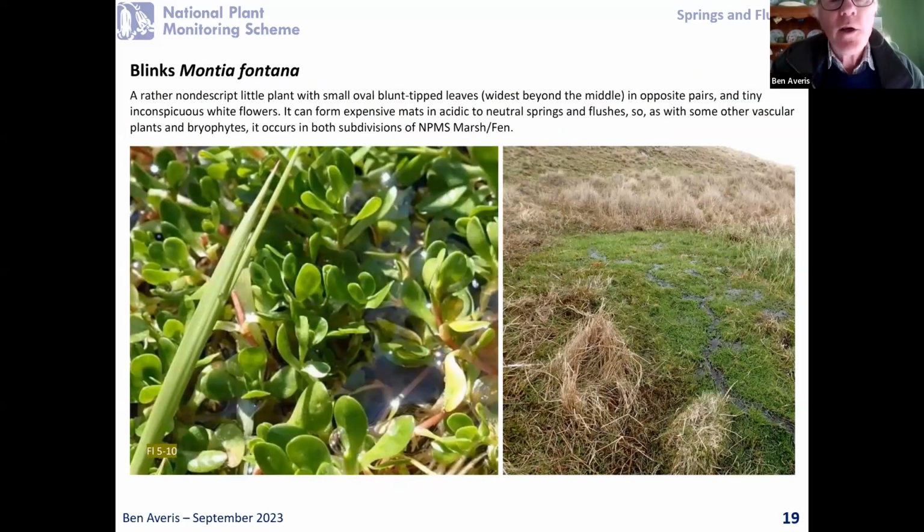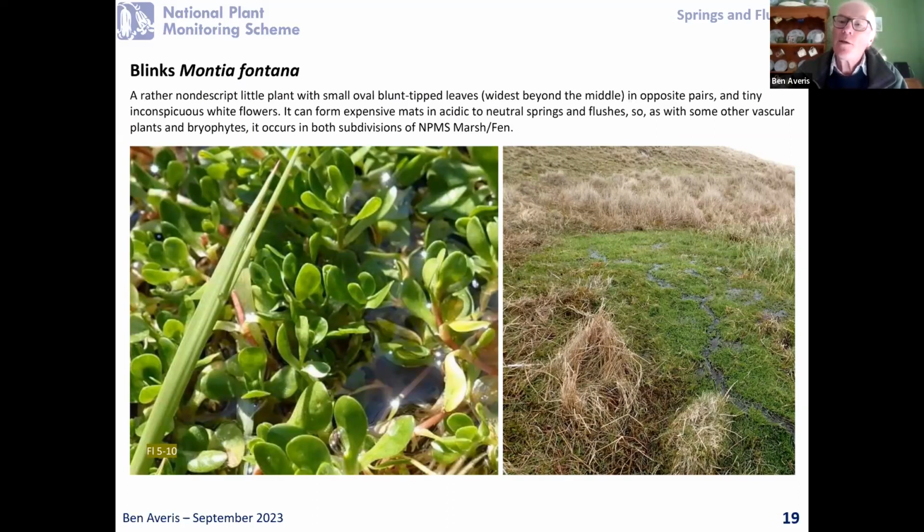And Montia fontana, blinks, a little tiny thing that's really common. It can be locally dominant in some springs, acid springs really, or also ones that are rather neutral.